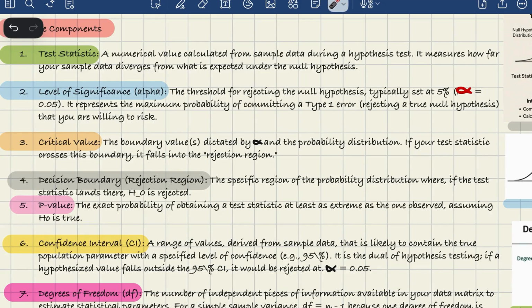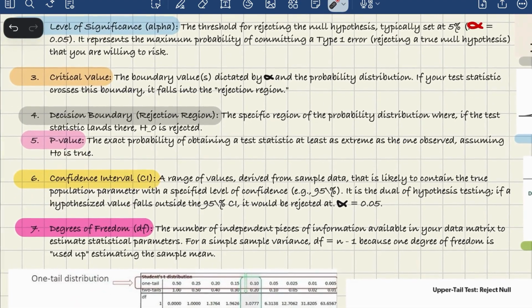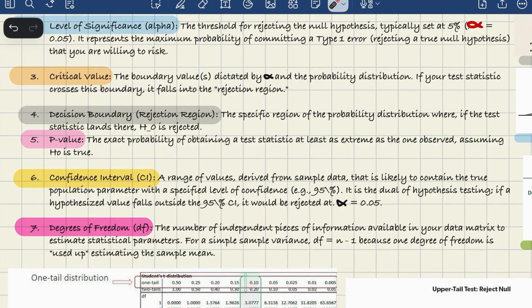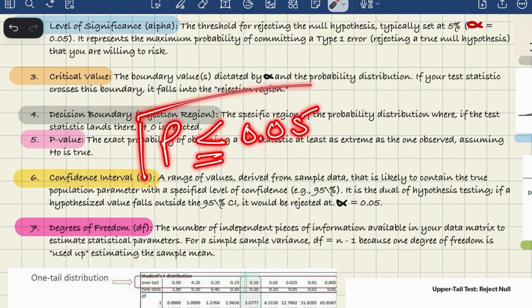So what does the p value state? If the p value is less than or equal to the significance level, it means that the result is highly unlikely to be a fluke, so we reject the null hypothesis.